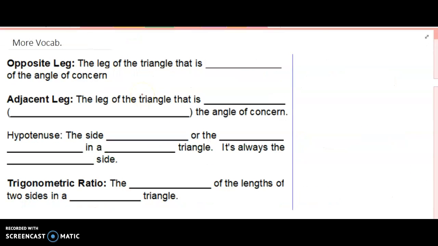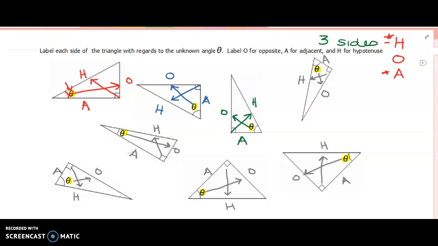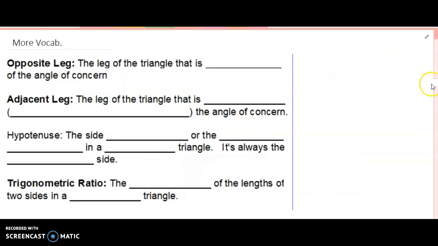All right, so one more page of vocab, and then we're going to be done with vocab at least. So the opposite leg of a triangle, now this goes back to what we did up here. Okay, so we've already done the hard part. It is the opposite of the angle of concern, or the theta.